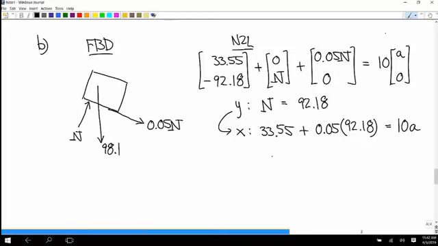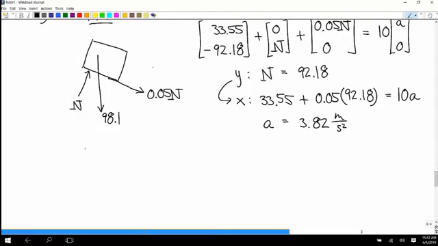So this time, what do you get for a? 3.82 meters per second squared. And so it's an acceleration down the ramp because it's in the positive x direction.